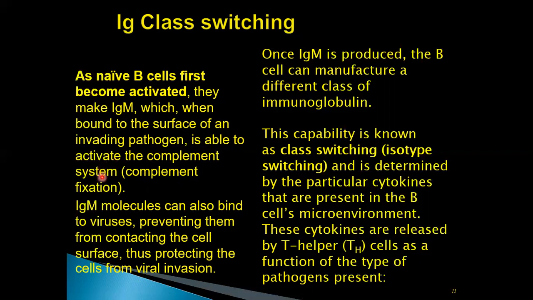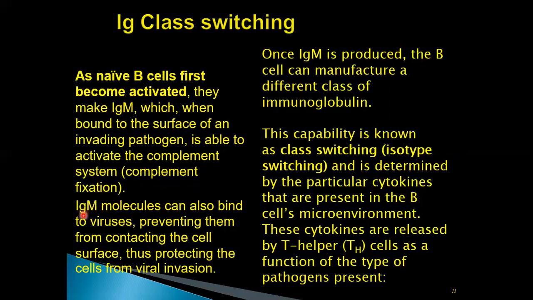So first the B cell is stimulated, and when stimulated, transforms into the plasma cell. This plasma cell makes immunoglobulin M first. This immunoglobulin M then combines with the complements in the circulatory system.